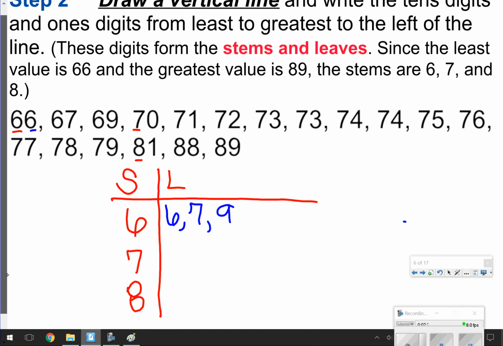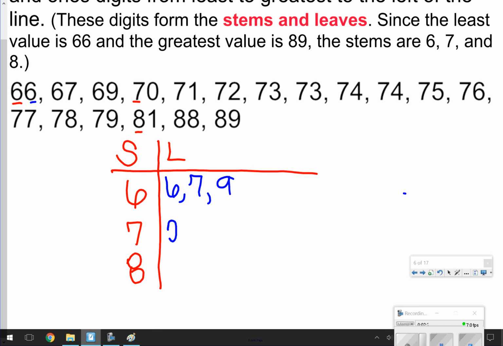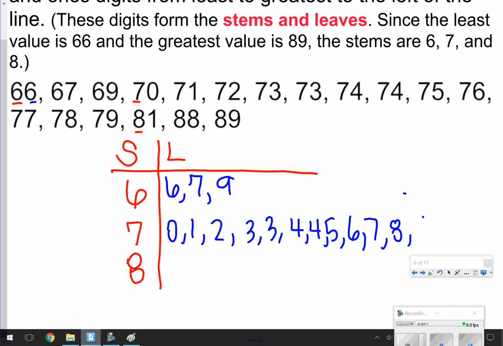For the sevens, I have 70, so 0, 71, 1, 2, 3, 4, 4, 5, 6, 7, 8, and 9. These all stand for 70, 71, 72, 73, 74, 75, 76, 77, 78, 79. The last ones are 80s, so I have an 81, an 88, and an 89.